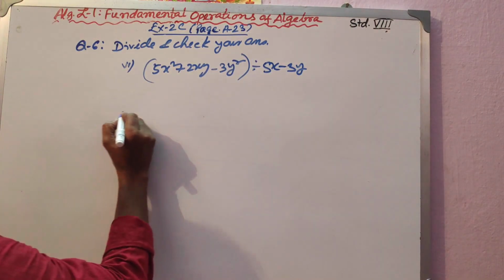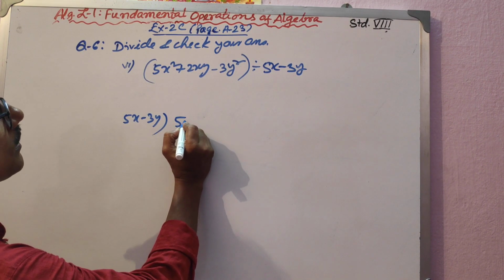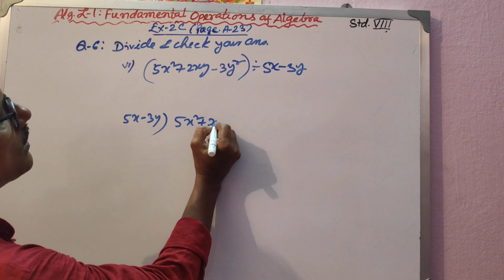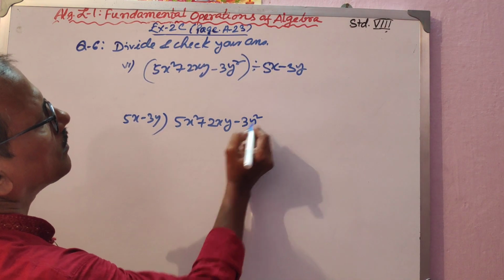So do this. 5x minus 3y, you keep it as your divisor, write down the dividend properly and do the division.